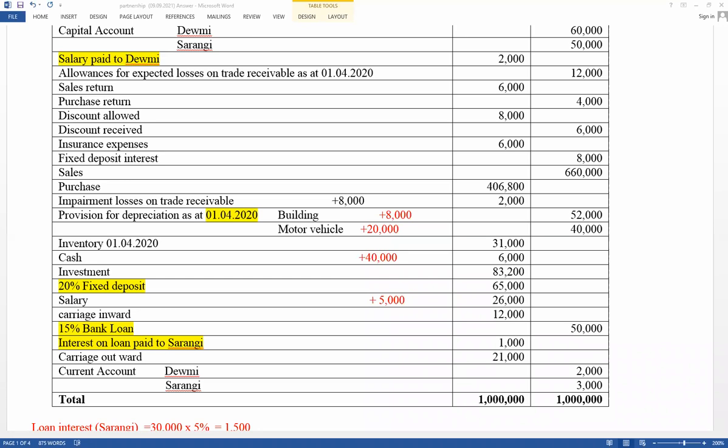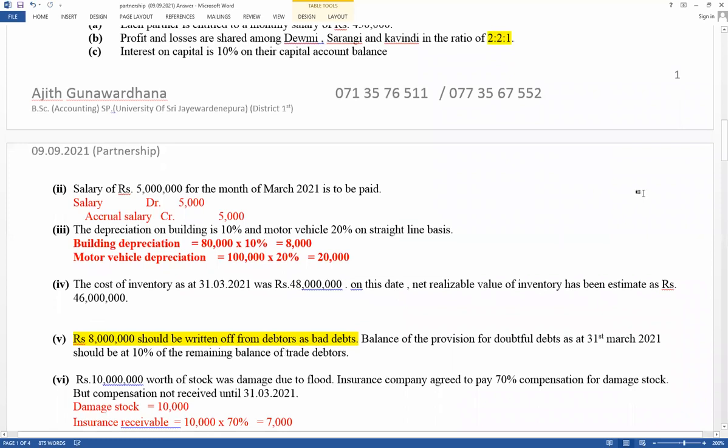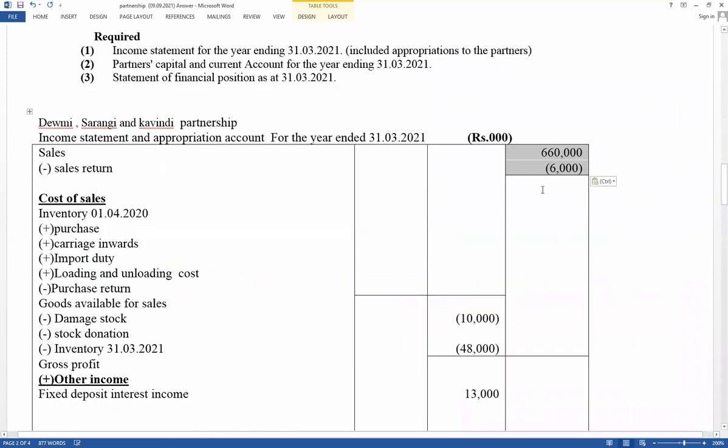Sales minus sales return goes in the income statement. And opening inventory, purchase, then purchase return should be included under the cost of sales calculation.